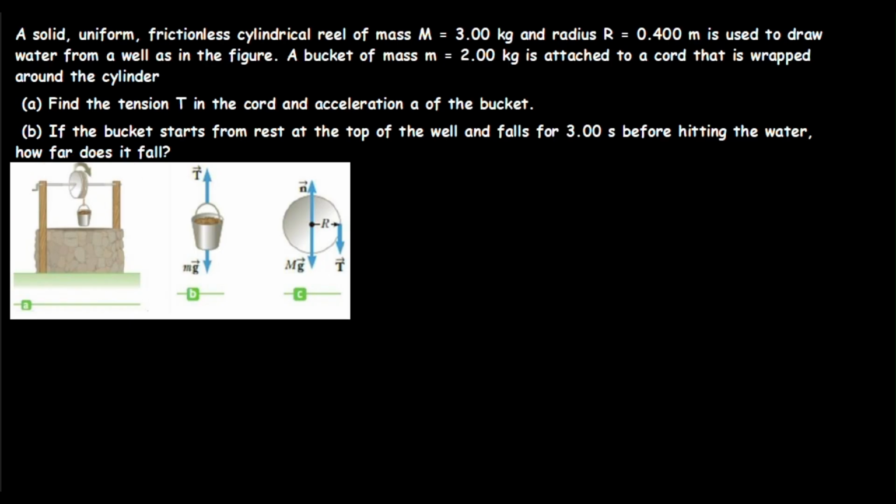Now they are saying that a bucket of mass, which is this bucket here, a bucket of mass 2.0 kg is attached to a cord that is wrapped around the cylinder. The first question says, find the tension in the cord and the acceleration of the bucket.